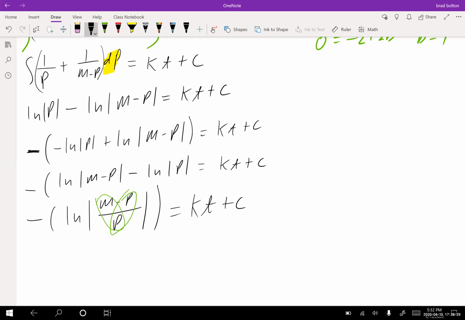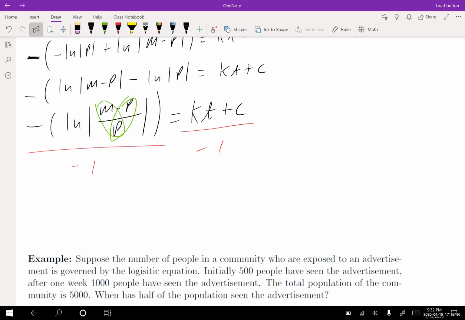And we could divide the negative over to the other side. So this would now become the natural log of the absolute value of M over P minus 1 equals negative KT minus C.